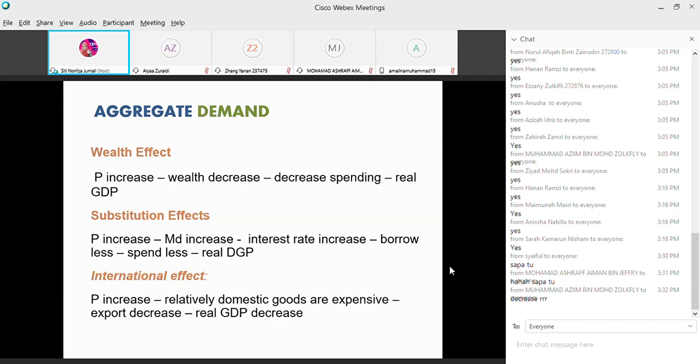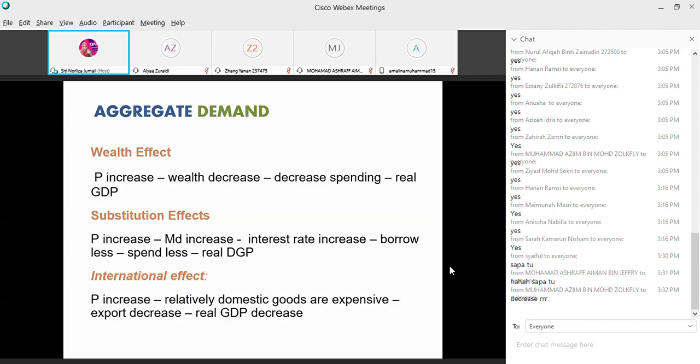Overall, local cars are much more expensive than imported cars, so we will change our demand from local to imported cars. The production of local cars will decrease, which will affect real GDP as well. So real GDP will decrease.